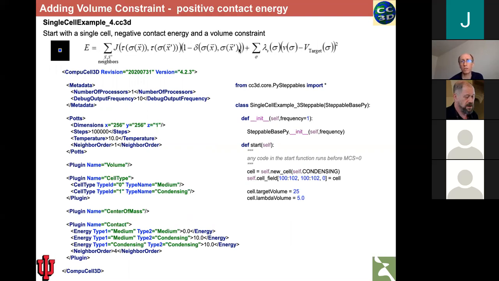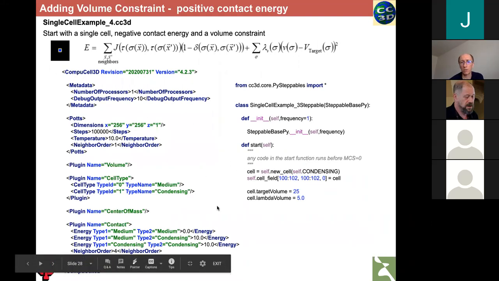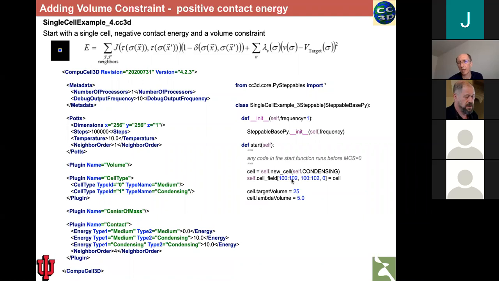We have two energy terms, contact and lambda volume. So there is really nothing interesting going on in Python. The only thing I did here is I increased the initial cell size from 1 pixel to 2 pixels. And this is to prevent the cell from randomly shrinking.